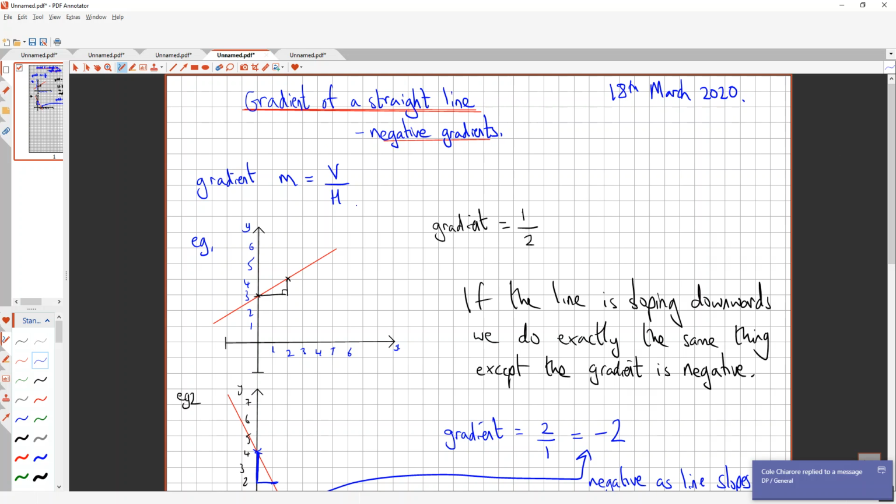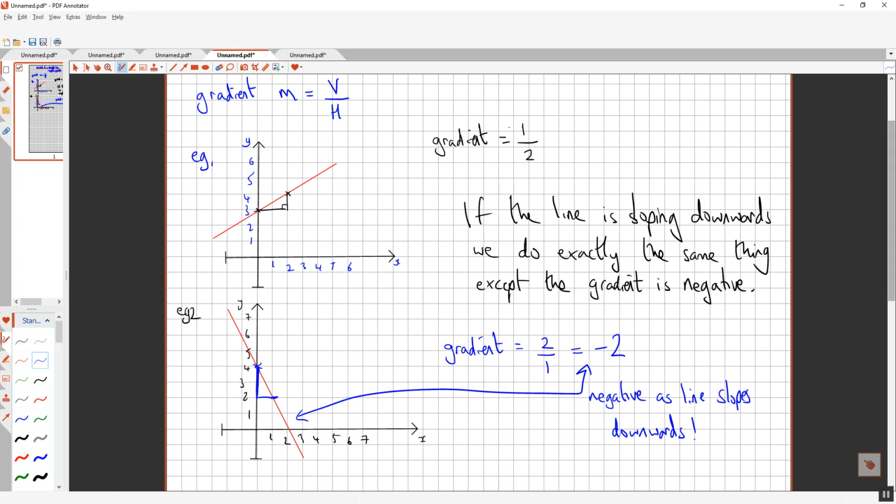So remember that gradient just tells us how steep a line is. And we talked about the gradient is equal to the vertical distance of the straight line divided by the horizontal distance. If a line is sloping upwards, like cycling up a hill, the gradient is positive.